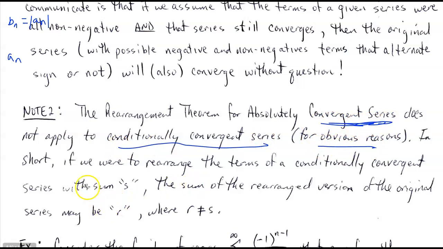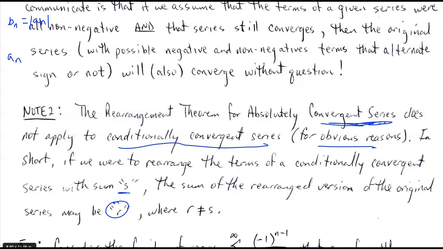So in short, if we were to rearrange the terms of a conditionally convergent series with sum S, then by rearranging those terms, the order in which we add things is going to switch the nature of that particular series to where we may be converging upon some different number R because of that.